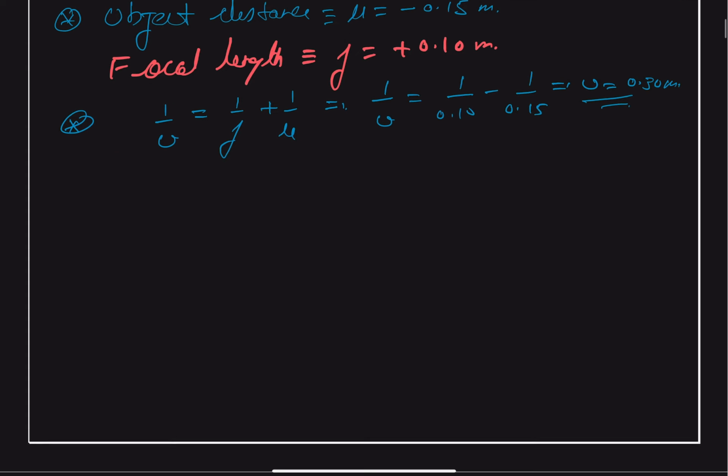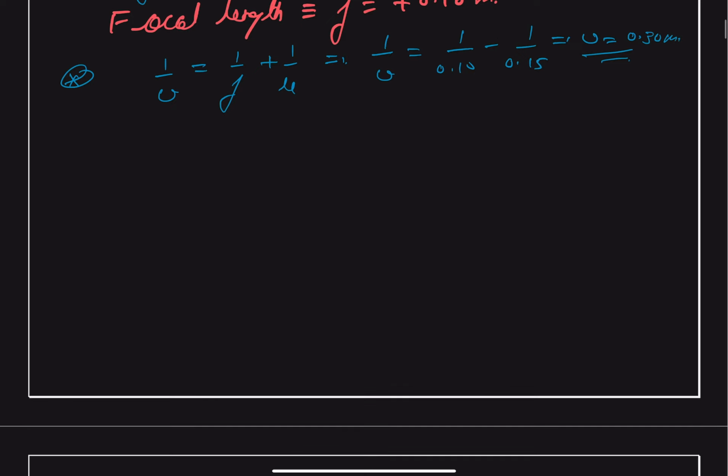So we can draw an approximate figure for that. This is our central axis. We have the screen, this is O, and this point is given as A. Let us suppose this distance which we are going to find out is given as Y. We have two lenses, one on the upper side and another one on the lower side.